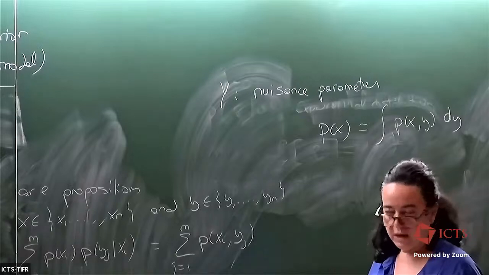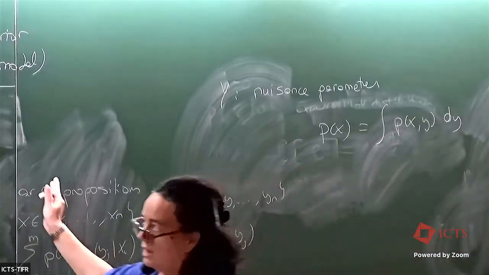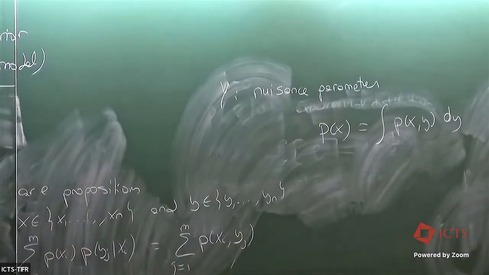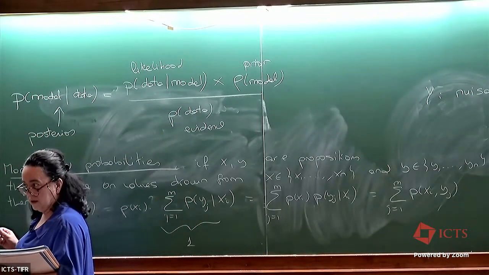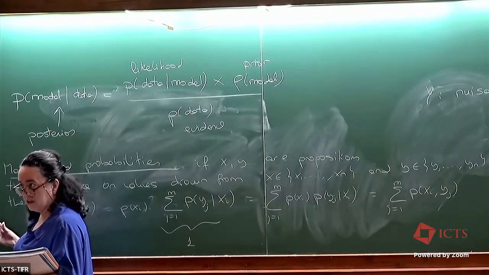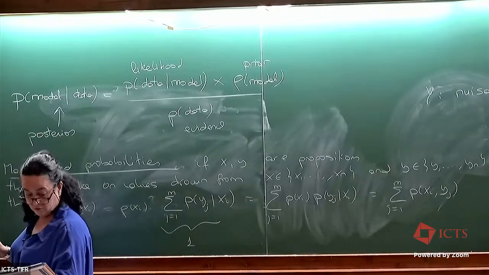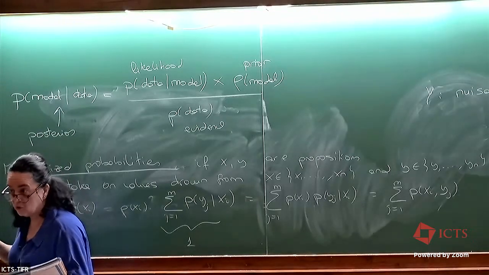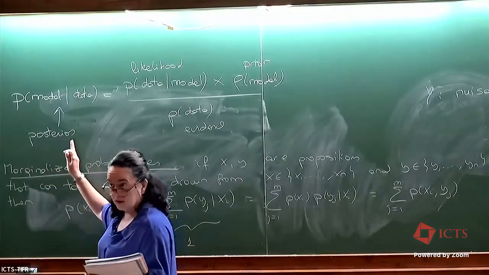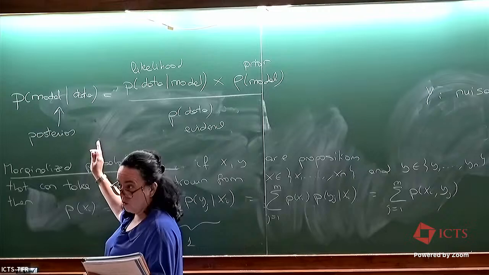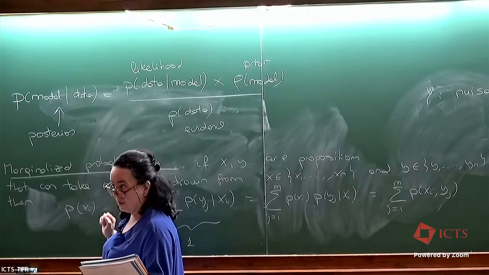Excellent. So if I do the work of computing the probability of the model given the data, but this model depends on many parameters, and I'm just interested in one parameter, for example the amplitude of the gravitational waves, what I could do is marginalize over all the other unknown parameters.